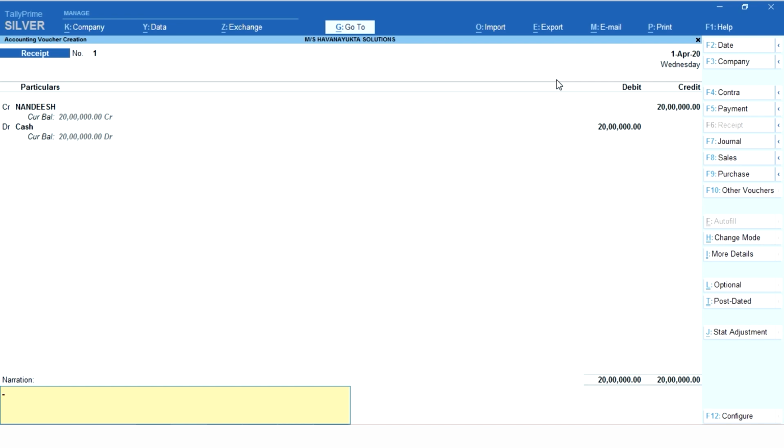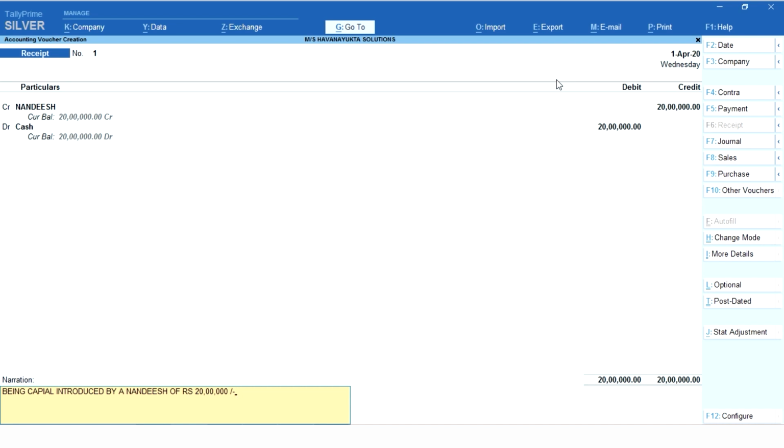So we go with a narration like: being capital introduced by Nandish of rupees 20 lakh. If you give a narration like this, whenever you open the transaction, you can easily understand what it is. Or if a third person comes to check your accounts, by seeing the narration, you can analyze whether your transaction is correct or wrong.